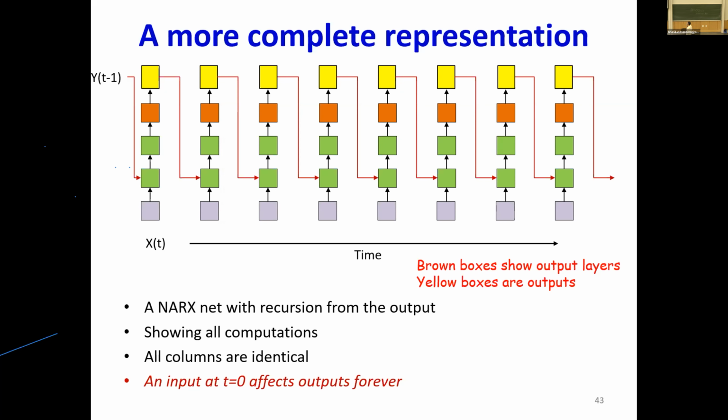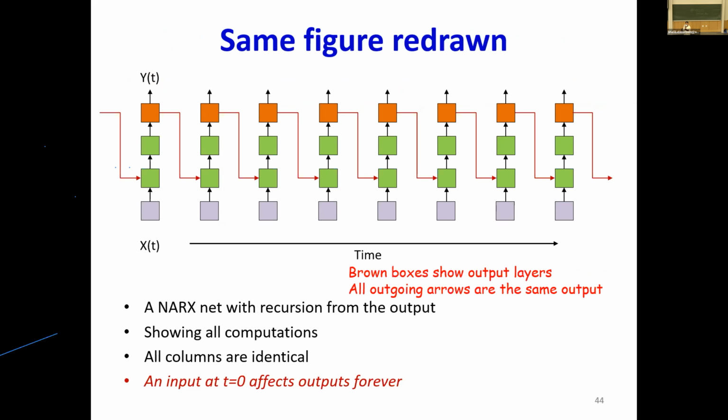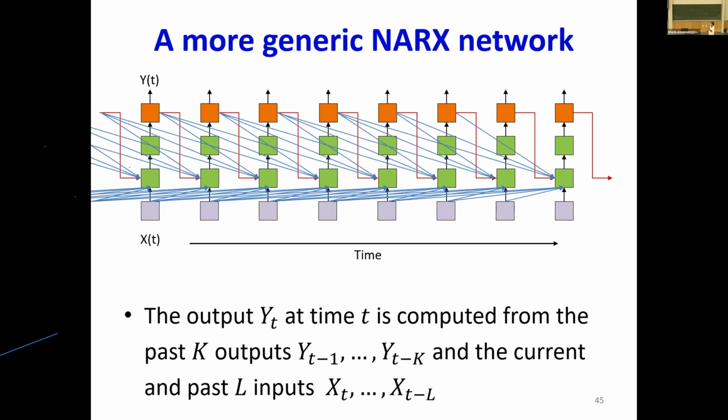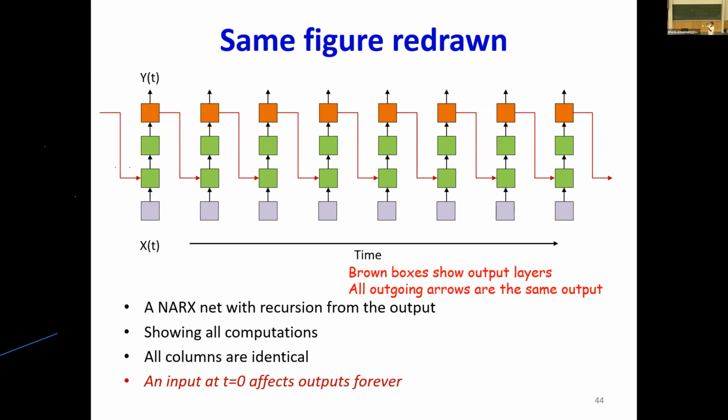Now, I'm not going to actually show the yellow box. I can just show an arrow directly coming out of the output layer, which is the orange box over here. This is the complete sequence of connections that happens, and you can see how an input at any time influences the output forever. Now, I'm not restricted to looking at just the current input and the immediately past output.